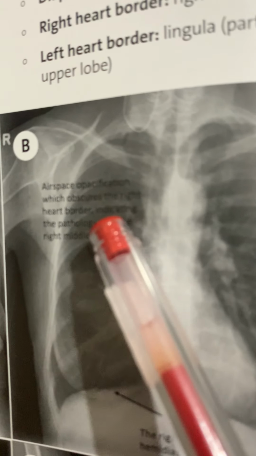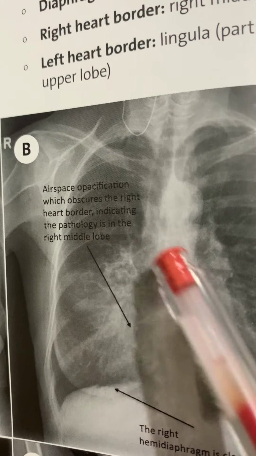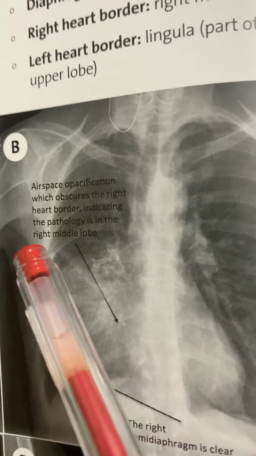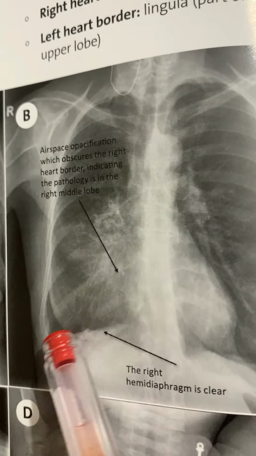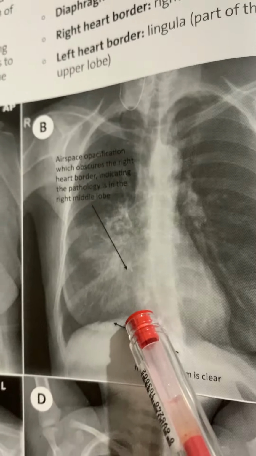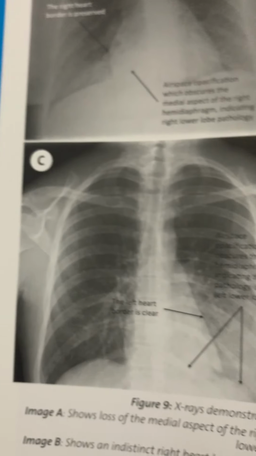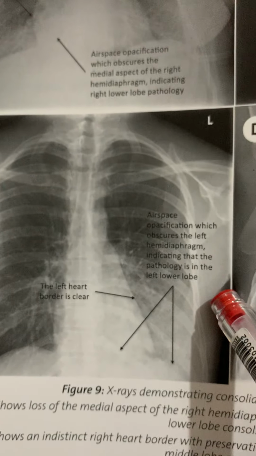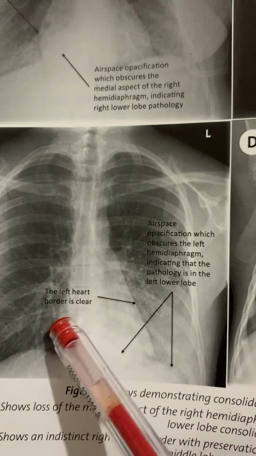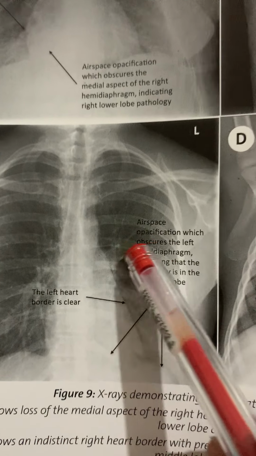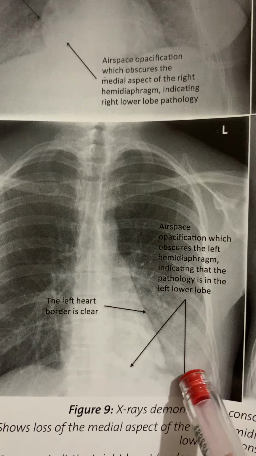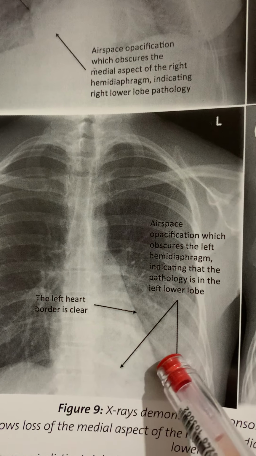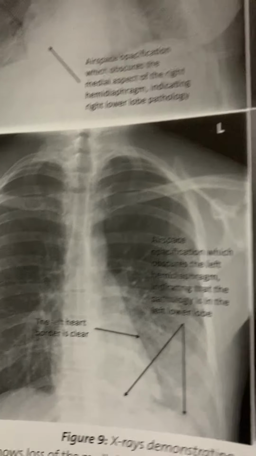So airspace opacification, which obscures the right heart border, indicates that the pathology is in the right middle lobe, and in this case the right hemidiaphragm is clear. In this case, the left heart border is clear, and airspace opacification, which obscures the left hemidiaphragm, indicates that the pathology is in the left lower lobe.